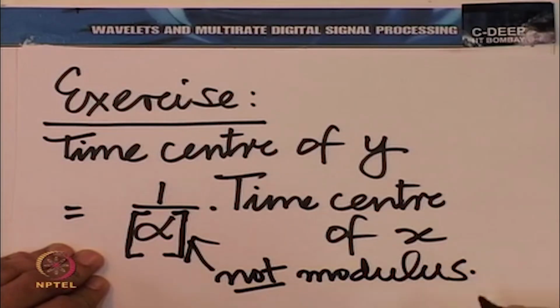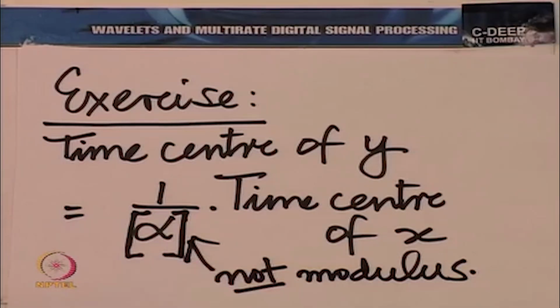You must know where it is modulus and where it is not. Here it is not modulus. So, for example, I will take the example of alpha equal to minus 1. If alpha is minus 1, then the time center is also reflected. So, if the time center of x was t 0, the time center of y becomes minus t 0. So, it is not mod alpha, it is just alpha. Sometimes simple intuitive reasoning can also clarify certain points for us. Anyway, here it is not modulus of alpha.